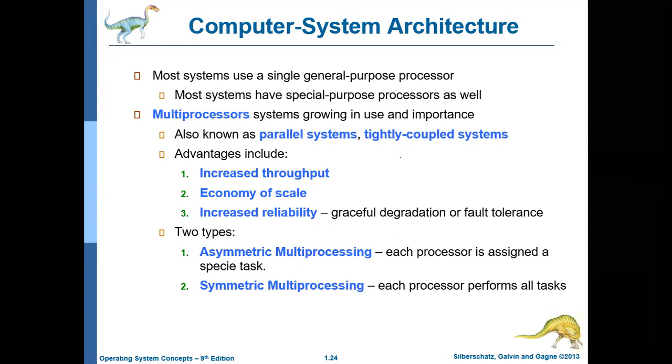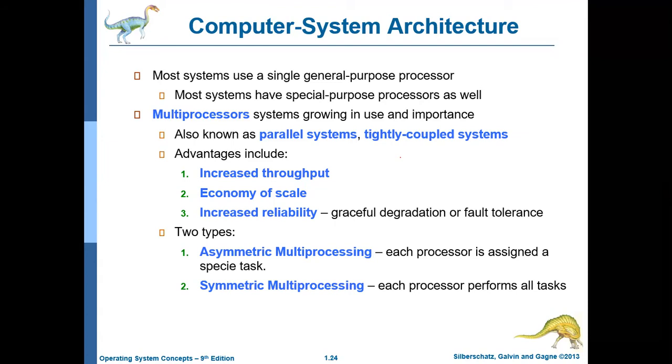So what is meant by a single general purpose processor? If you take a typical computer, like a normal desktop, personal computer, or a laptop, which we are using in day-to-day life, they generally have a single processor. Such computers are called single general purpose processing systems.